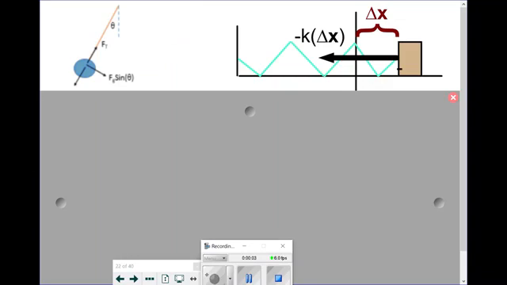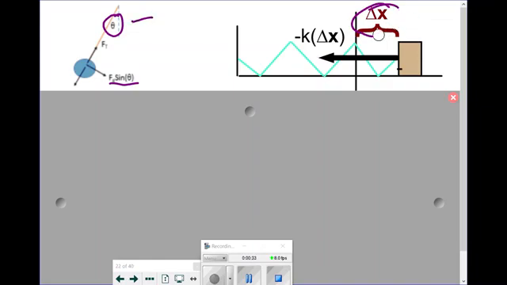Now when we compare a pendulum to a spring, we do see some commonalities. The force that's going to pull the pendulum along its motion depends on the angle. So the larger the angle, the larger the force. Likewise, the force that pulls the spring back to its equilibrium position depends on the displacement, much like the angle.